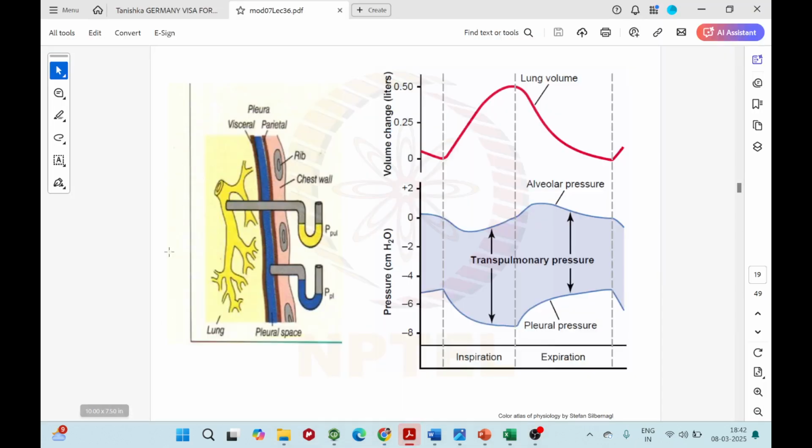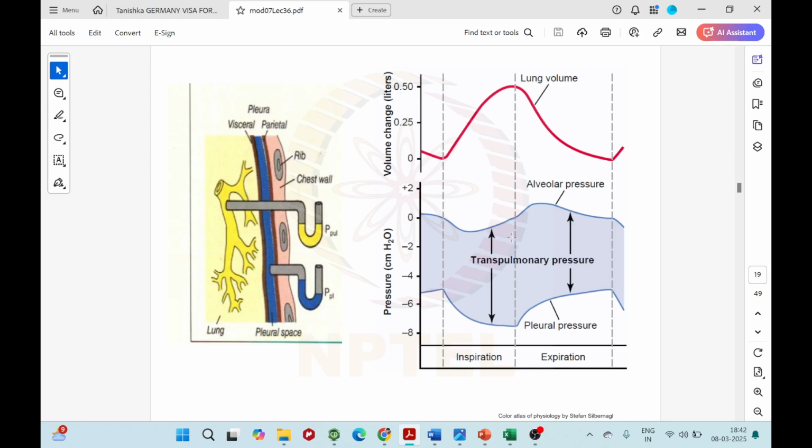In the alveoli you create a negative pressure which is -1 centimeter water, and that pressure allows you to inhale 500 ml of air. So that much volume is being changed, so 500 ml of air can be inhaled with a -1 centimeter water negative pressure. So that's how the inhalation of air takes place.